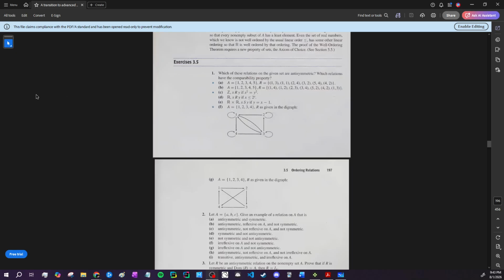Okay, so now we're looking at this. The set here, A in this scenario, is the set of all integers, and R is practically x squared equals y squared.